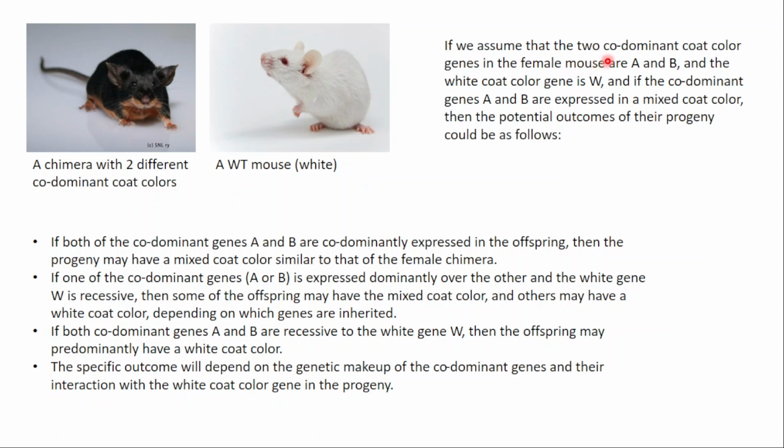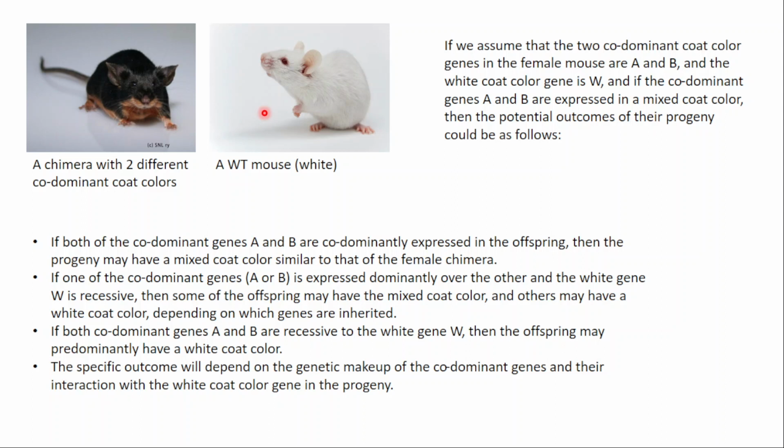If we assume that the two codominant coat color genes in the female mouse are A and B, and the white coat color gene is W. Now if A and B are codominant genes expressed in a mixed coat color, since it is a chimera, some cells will express A, some cells will express B, and some cells will express both A and B.